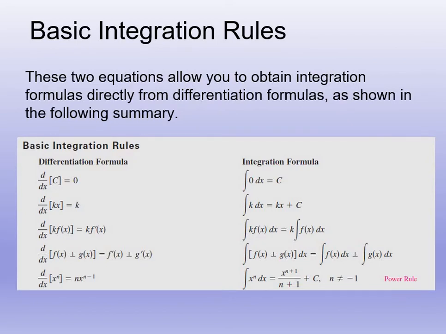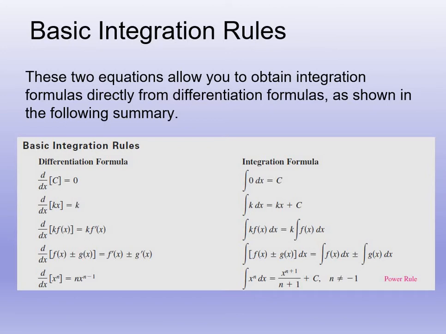All right, so here are some basic rules. These are written down in the front cover or the appendix of your book. Okay, so if we're differentiating, on the left, that's everything that we learned in chapter 2. The derivative d/dx of a constant is 0. The derivative of anything that's a constant times x, so kx, will always be k.